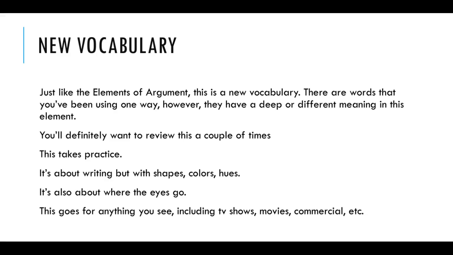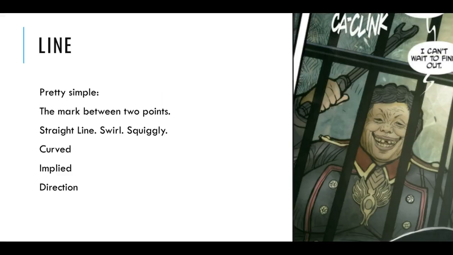Specifically, if you're looking at specific panels or specific images, where does your eye go? And wherever it goes naturally, don't think it's doing that because your eye is naturally going there. No, it's going there because the artist specifically wants you to look at something. So again, like I said, this goes for anything that you see, TV shows, movies, commercials. Enjoy. Okay, let's go through them.